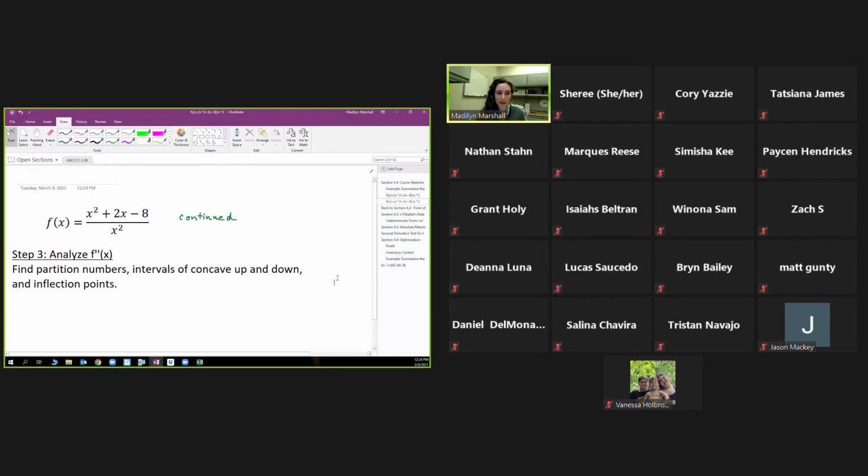So step 3 is analyzing f double prime, the second derivative. All of step 3 is what we did in section 4.2. So again, we're going to find the partition numbers of f double prime this time. We'll find where the function is concave up and down, and we'll find any inflection points.